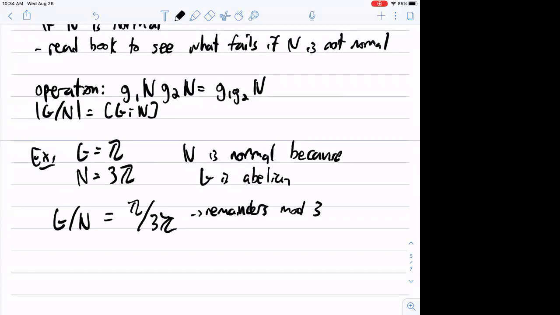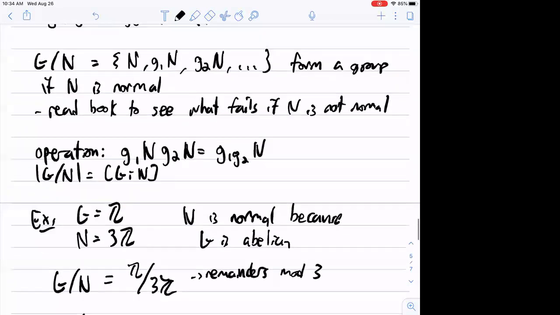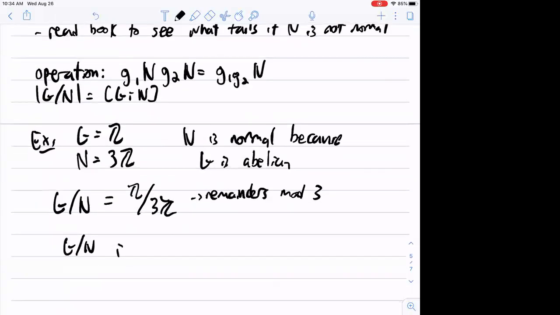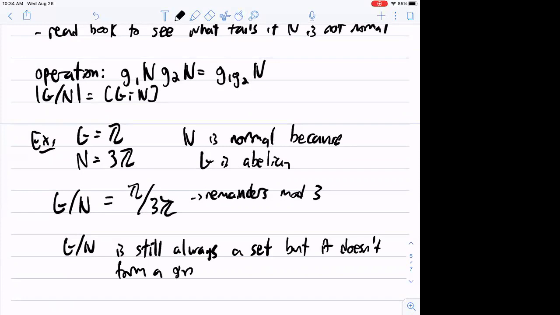If the subgroup is not normal, G mod N still makes sense as a set. As a set, it's just the left and right cosets. But it doesn't form a group if N is not normal.